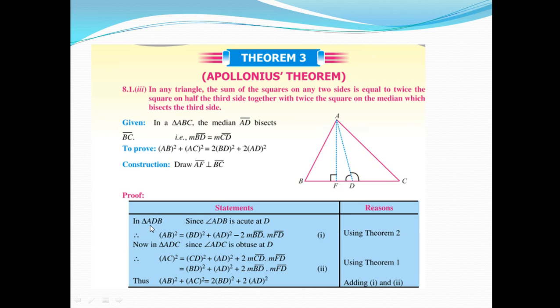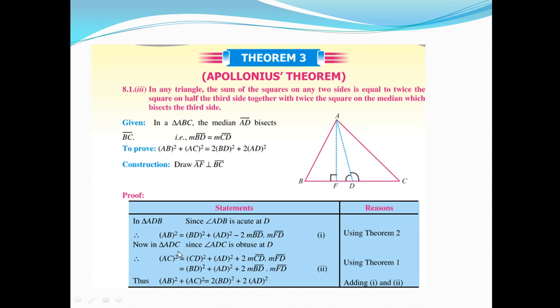Proof. In triangle ABD, it is an acute angle triangle at D. Using the statement of theorem 1, AB square is equal to AD square plus BD square minus 2 BD times FD.